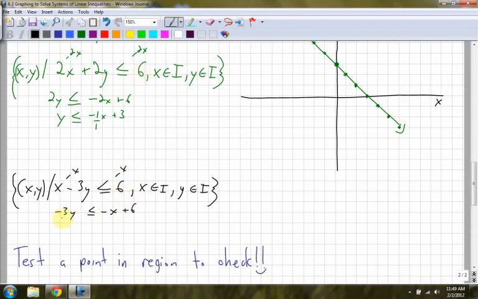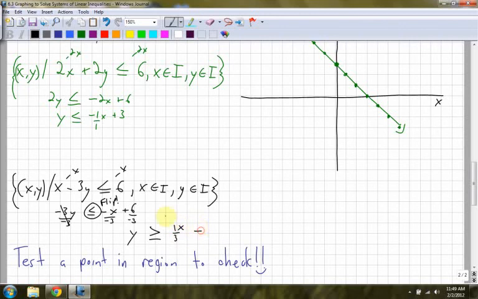Now, I have to get rid of the negative 3, so I have to divide by it. But that means that this is going to flip. So I divide by my negative 3, divide by my negative 3, but this has to flip. Okay? So what happens is the 3's are gone. I'm left with y greater than or equal to, and then negative x over negative 3 is a positive 1 over 3, or x over 3.